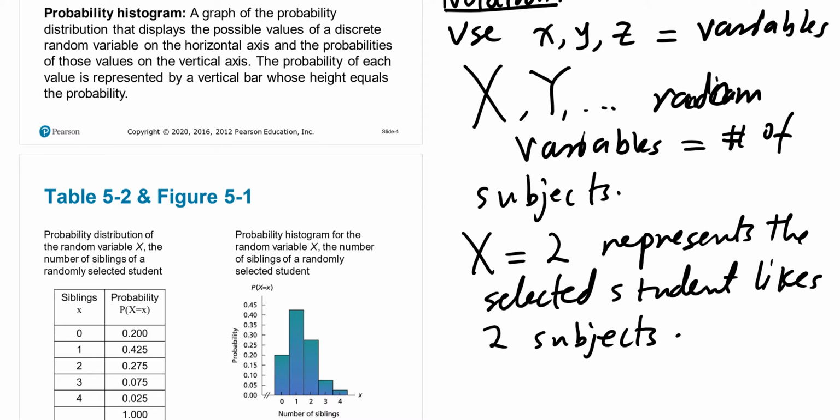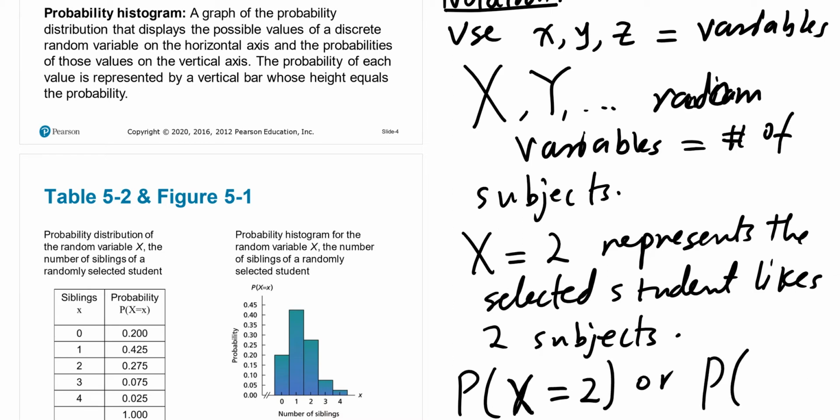Now in the probability language, we can write find the probability that the random variable is 2, or in general find the probability that the random variable is small x. That's in a probability language.